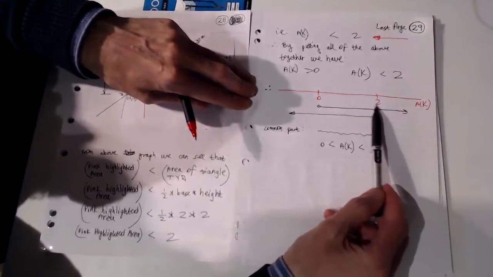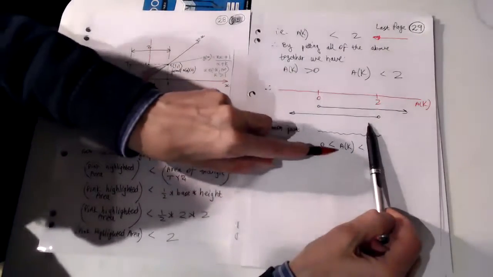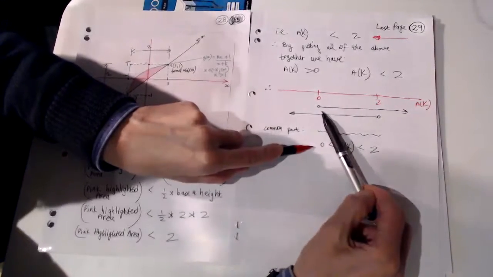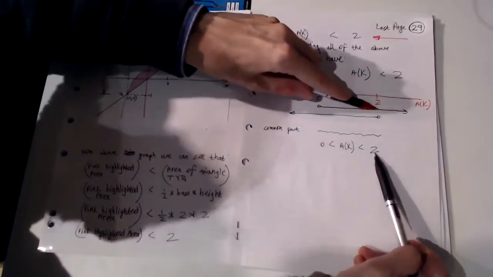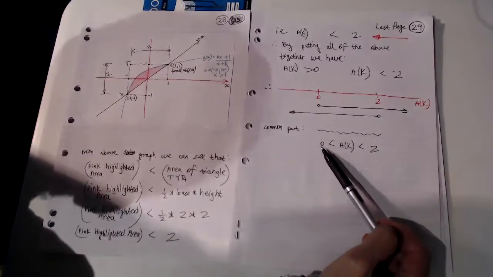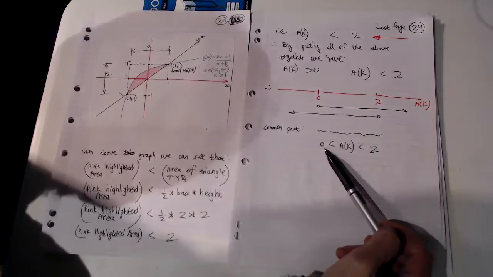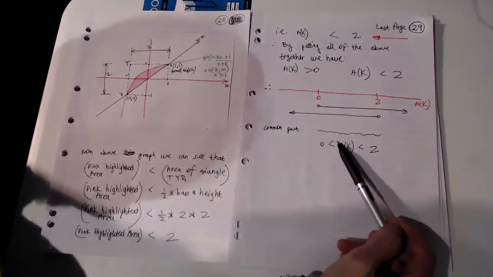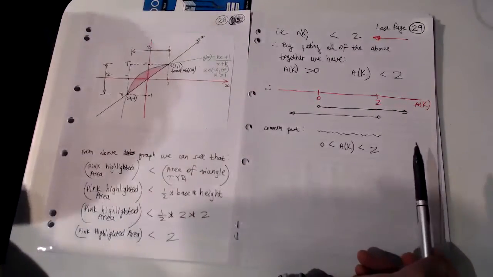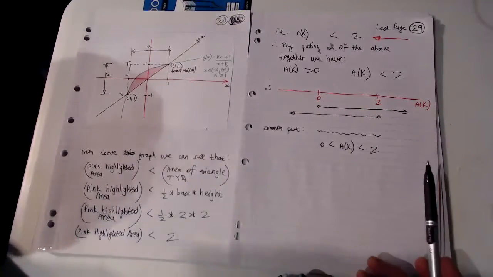It is the region between here and here, so area AK will always be between 0 and 2. That is, 0 is less than area K less than 2. And by doing that, we have finished that question, and we have finished the whole of question 4.